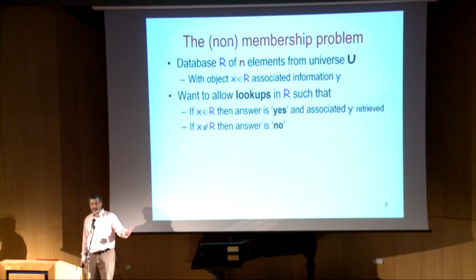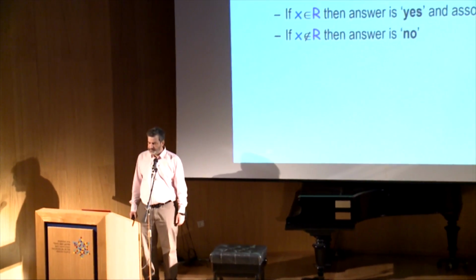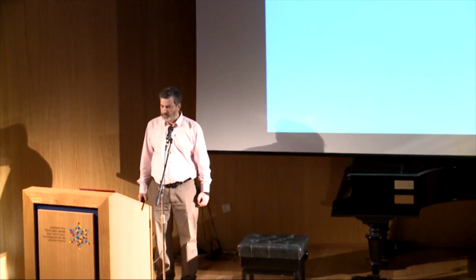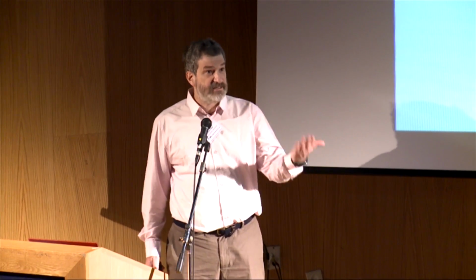So we have a database R of elements from some universe U, and with each object, we associate some information Y. And we want to do lookups in R such that if X is in R, then the answer is yes, and if X is not in R, then the answer is no. Now, we don't want to leak more information than this. And the problem is that the entity providing the answer is not trusted with respect to correctness.